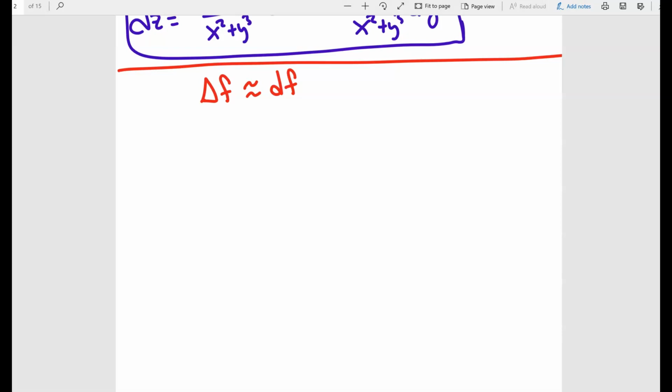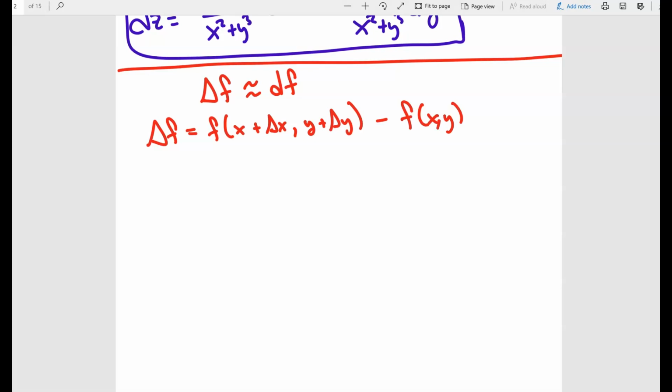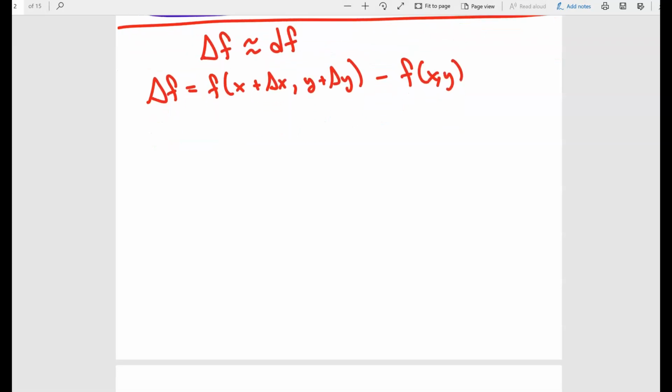So you can think about it this way, that delta f, the change in f, is just equal to f of x plus a little change in x, and then y plus a little change in y. So basically, if I change x and y by a little bit, and I subtract the original, that's going to give me basically the change in f. How much is f changing?